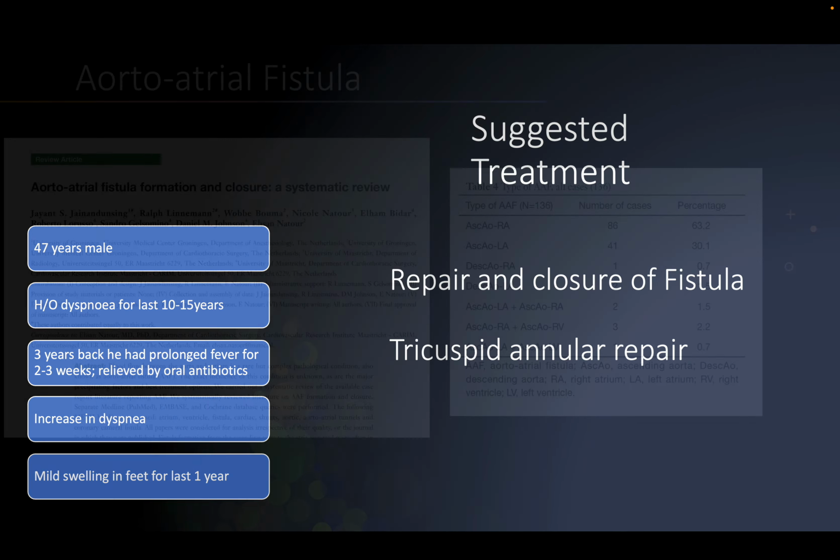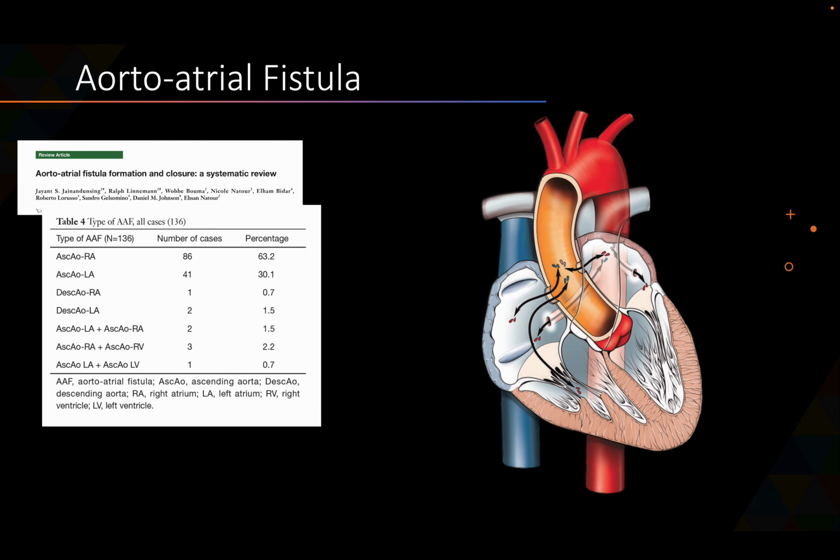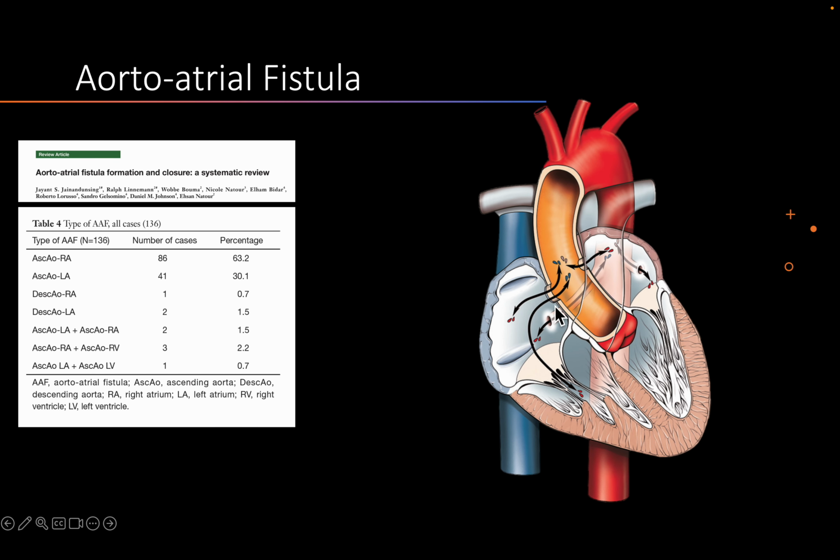On reviewing the literature, there is one review article which has dug out all the cases of aorto atrial fistulas, or tunnels as they call it. The commonest cause they found was ascending aorta to the right atrium, though there were multiple other sites where fistulas can happen.